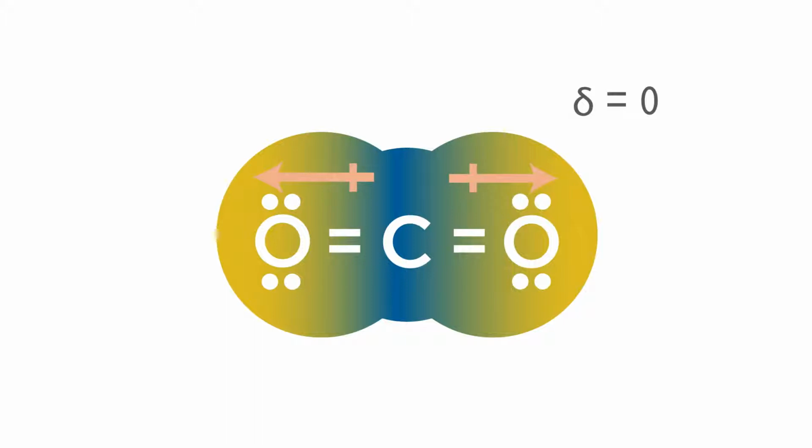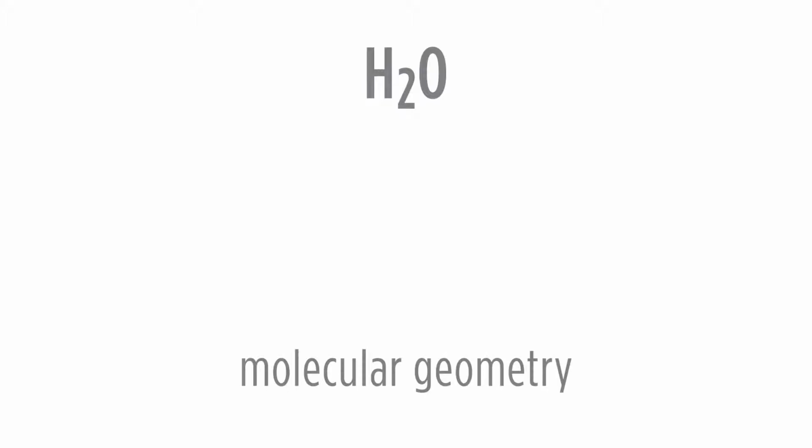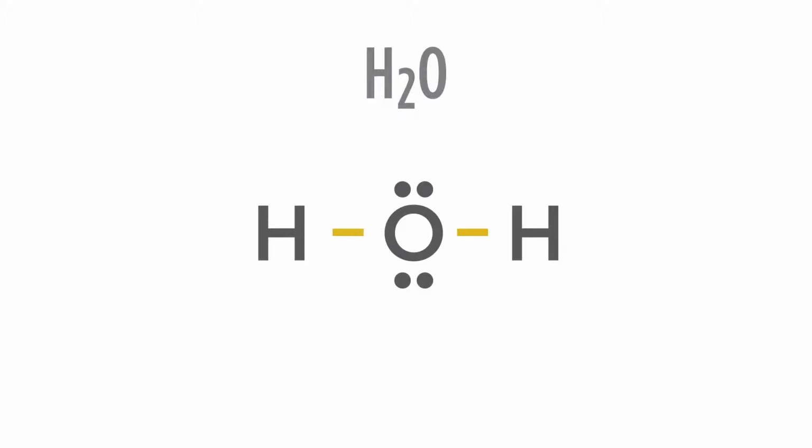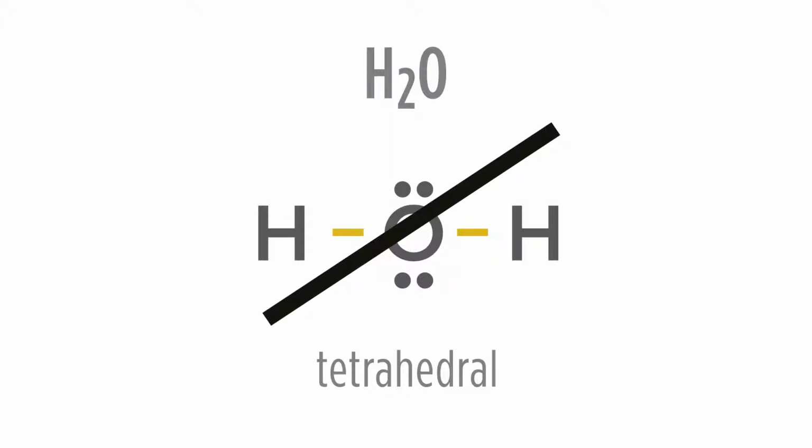Let's try another one. H2O, water. Again, we need to know the molecular geometry. We can do that by first showing the Lewis structure. There is a Lewis structure for water, but is that the correct geometry? Well, that's 4 electron groups on one central atom. 4 electron groups is not going to be square planar, it's going to be tetrahedral.